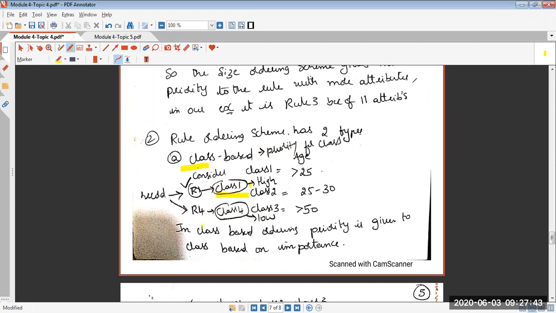If a conflicting situation arises, like you can see here, this record is triggering two rules, R1 and R4, with R1 pointing to class 1 and R4 pointing to class 4. The confusion for the classifier is, where shall I put this record?